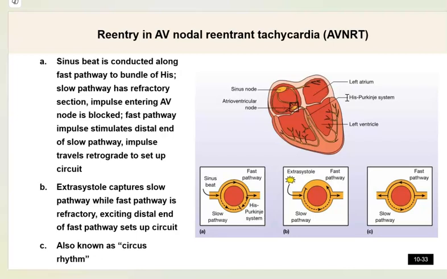Upon reaching the distal end of the fast pathway, a retrograde impulse is generated back into the fast pathway. And then C shows us either condition that causes retrograde propagation in the fast pathway can then create tachycardia by repetitive activation of the AV node, and you get a circus rhythm.